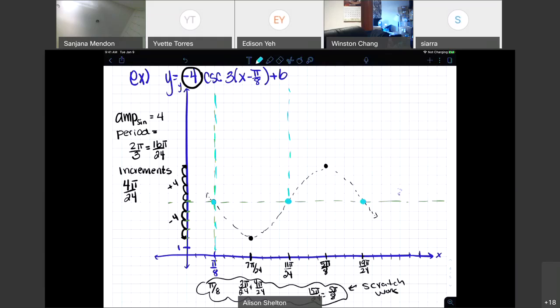We're making these vertical asymptotes. I write down that these are asymptotes where sine crosses the midline. Okay? Then these are reciprocal graphs.